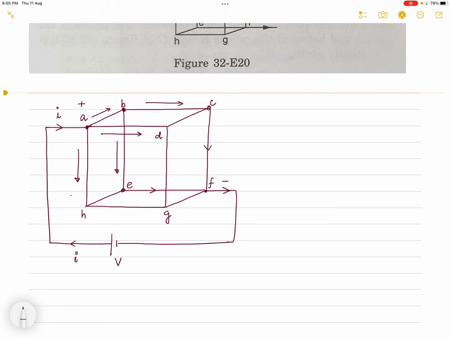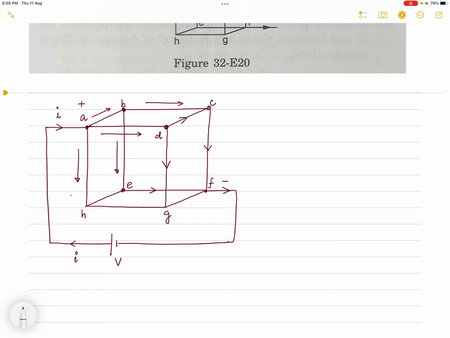The next set of paths is the current that moves from A to the junction D over here. See that this current will also have two paths. From D, it can move from D to C and then down to F, and from D itself the current can also move to G and then from G it can go to F. So if you look carefully, the paths AB and AD are identical for the currents to flow.